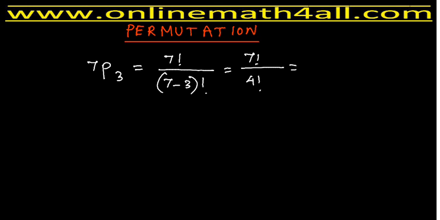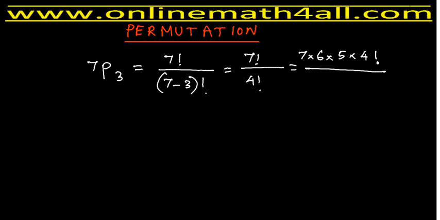Now I am going to write 7 factorial as 7 times 6 times 5 times 4 times 3 to 1. Instead of writing from 4 to 1, better I can take 4 factorial, because 4 times 3 times 2 times 1 is equal to 4 factorial.